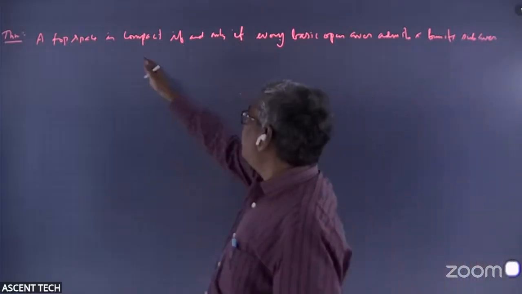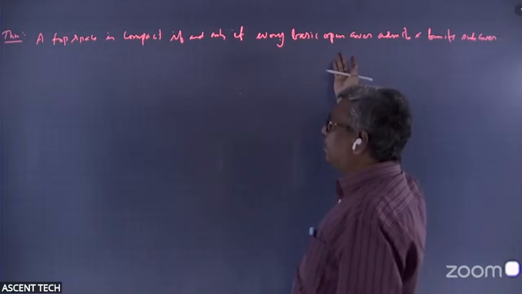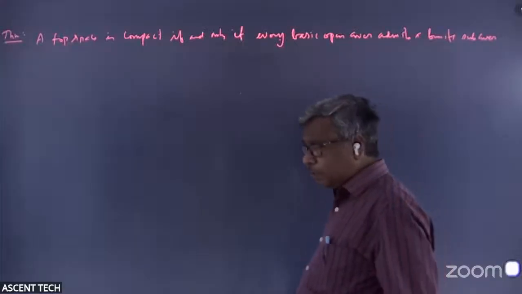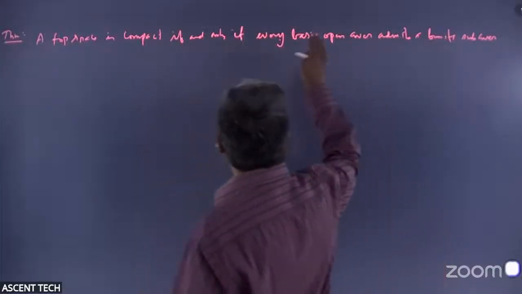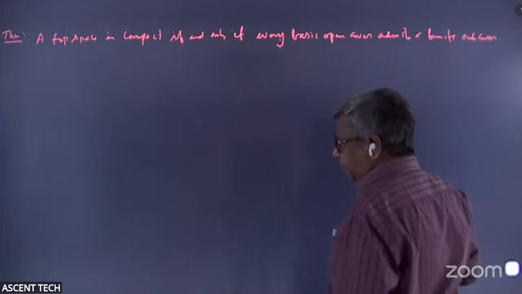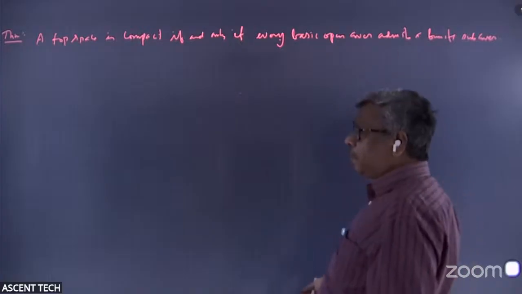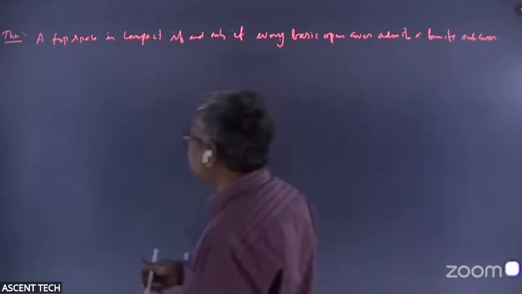Okay. Compact implies every basic open cover admits a finite subcover, because every open cover admits a finite subcover. It's only the other way around that you have to prove: that if every basic open cover admits a finite subcover, then every open cover also admits a finite subcover. So here's the proof.